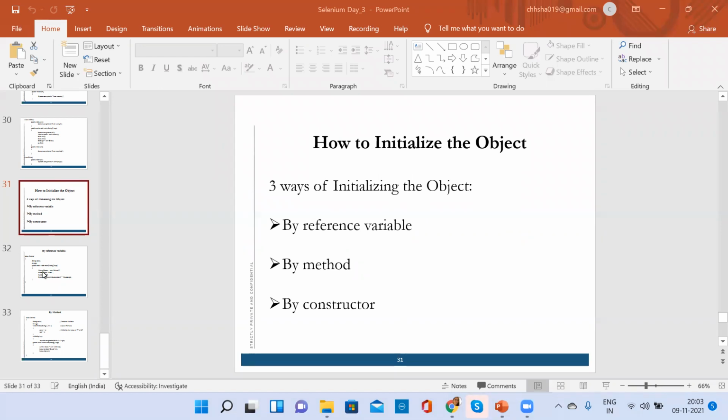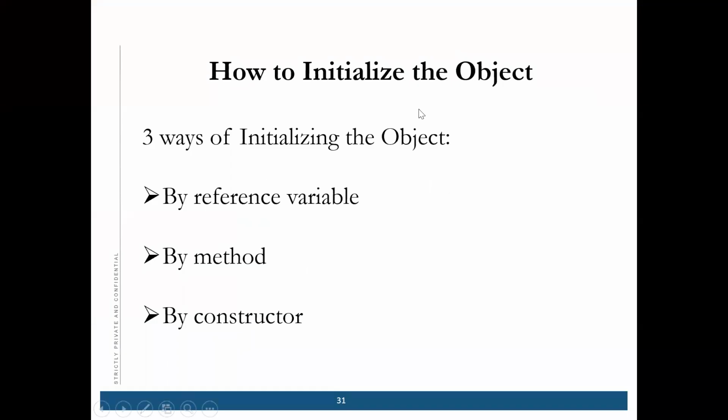Okay. So by reference variable, does anyone know what is the meaning of how to initialize an object by reference variable? Anyone? Passing the values in the method, or, sorry, come again.